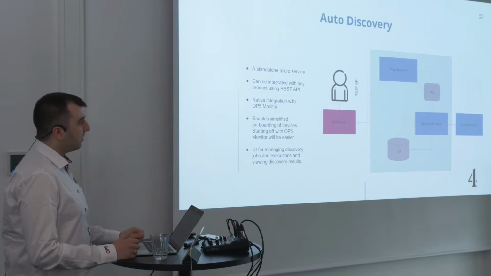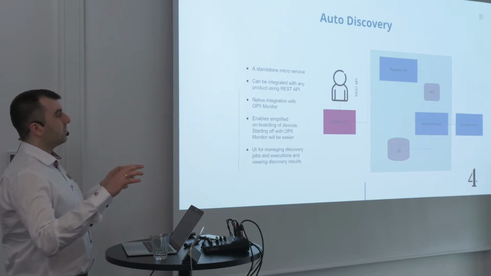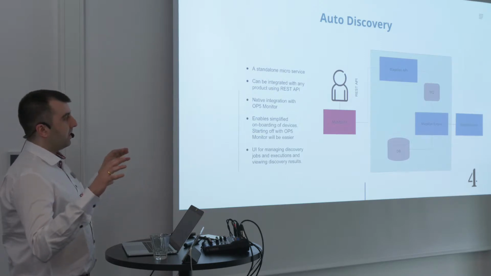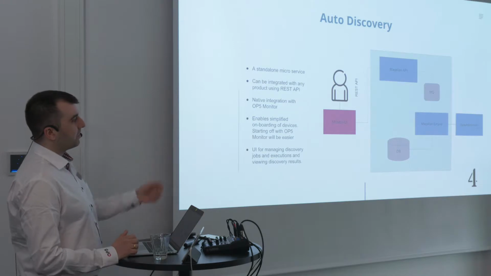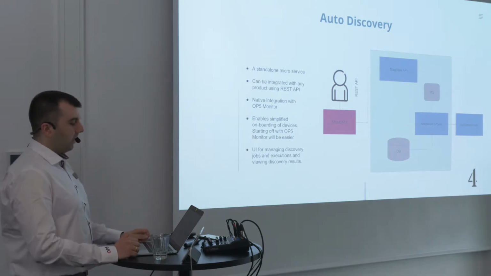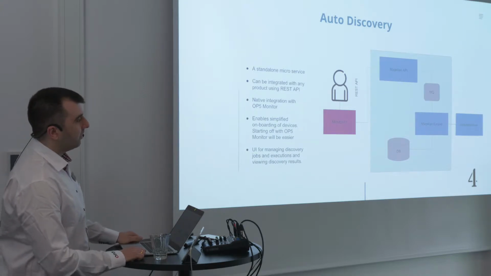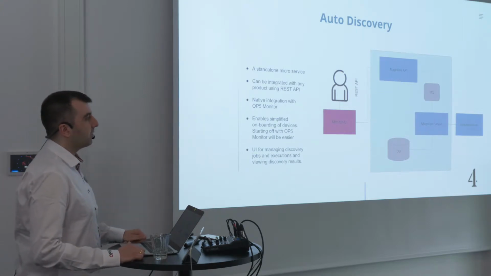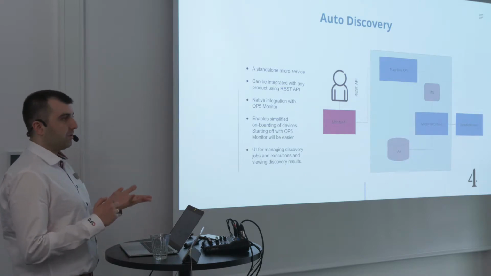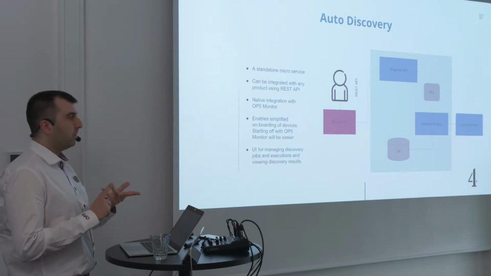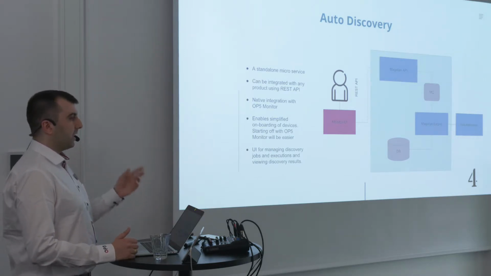So if we have a lot of requests coming in on the API level, we could clone these services as many as needed, and then feed this information to the message queue and process it on the engine side. And the Auto Discovery is a library that we are developing that will be responsible for the network scanning. So everything starting from supporting SNMP versions V1, V2, V3, the different network scan method inputs.